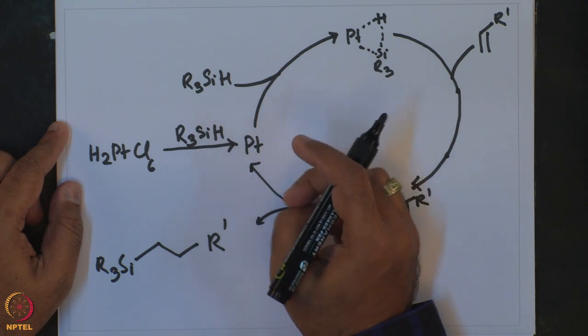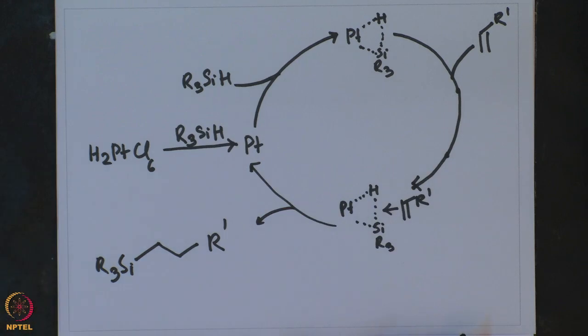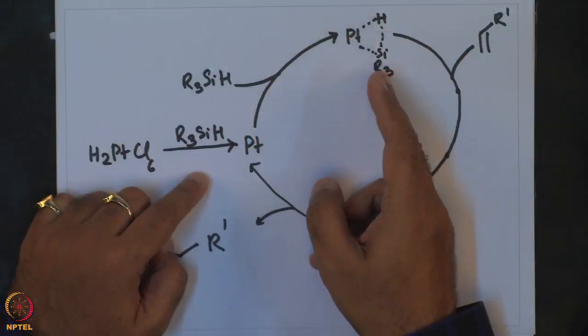Now, this hydrosilylation reaction thus comprises three elementary steps. The first is the formation of the sigma complex.